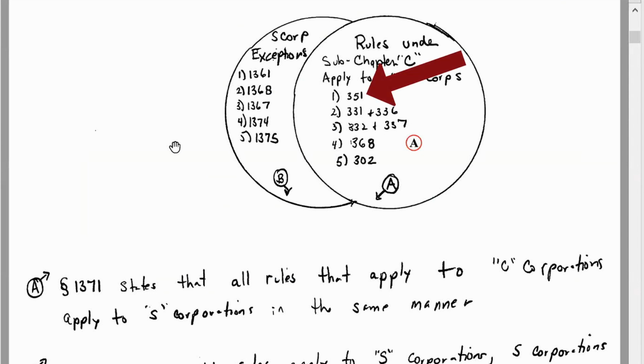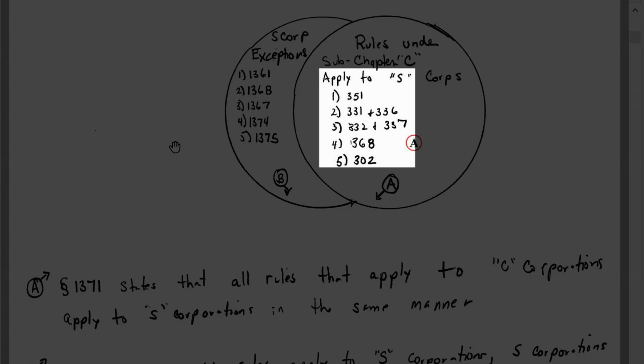Code section 351, which we're going to cover today, and when we cover this, we're going to recover it, and we're going to recover it, so you might want to pay attention. 351 is corporate formation. 331, 336 is taxable corporate liquidation. 332, 337 is tax deferred corporate liquidation.